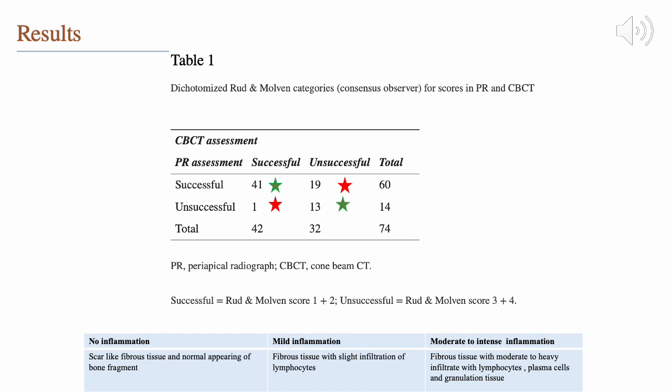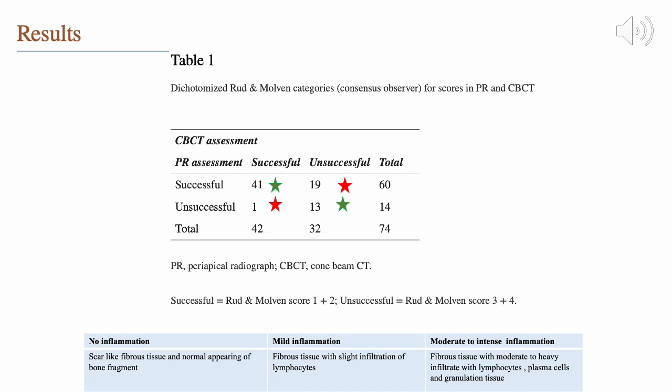If the tooth was assessed as unsuccessful healing in periapical radiograph and CBCT, the patient was offered a reoperation, where the full volume of soft tissue of the periapical lesion was removed and histopathological examination was done.